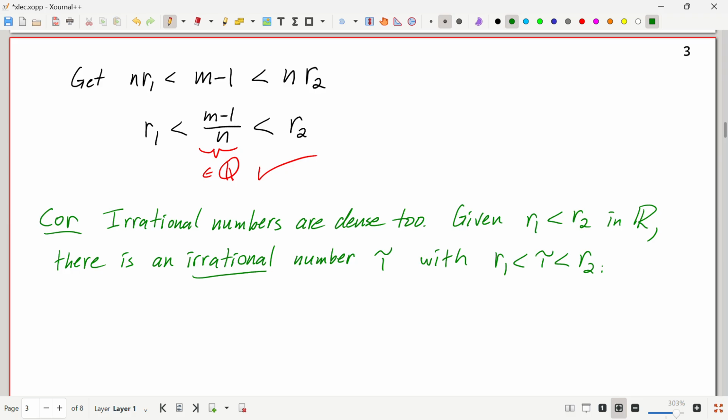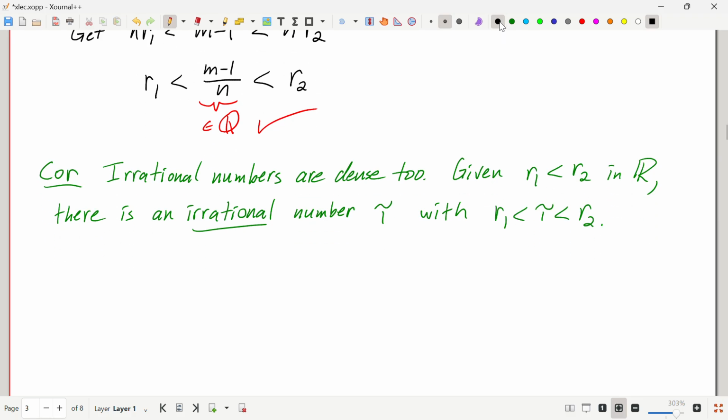And the proof's a no-brainer, once you think about it for a little while. Anybody got an idea how to do it? We only know one irrational number at the moment. Square root of 2 is going to somehow be involved. Pi is irrational, e is irrational, but at the moment we only know that square root of 2 is irrational.